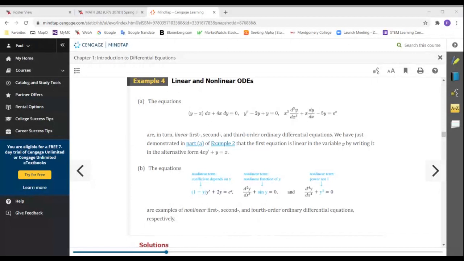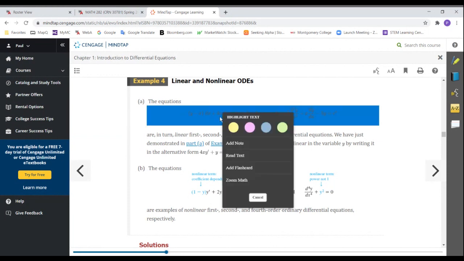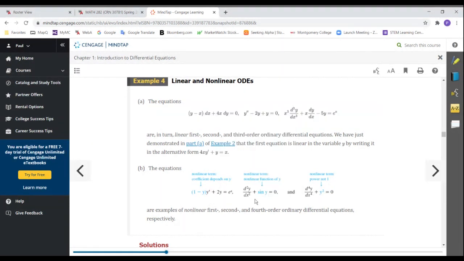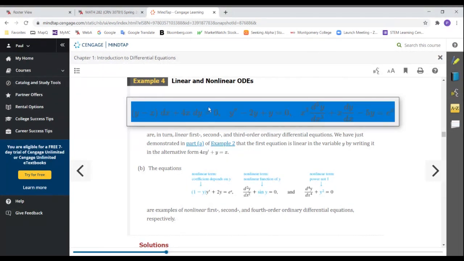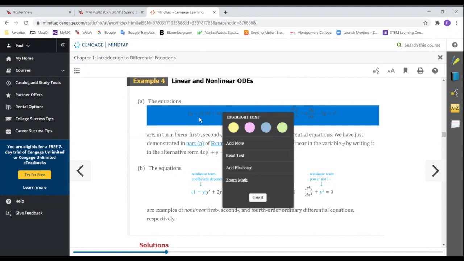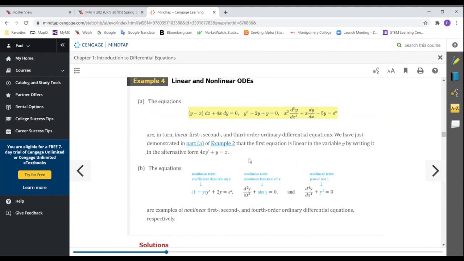Okay, example 4, linear and nonlinear differential equations. They give examples. These three differential equations are linear because they match the form that's given in the book for a linear differential equation.